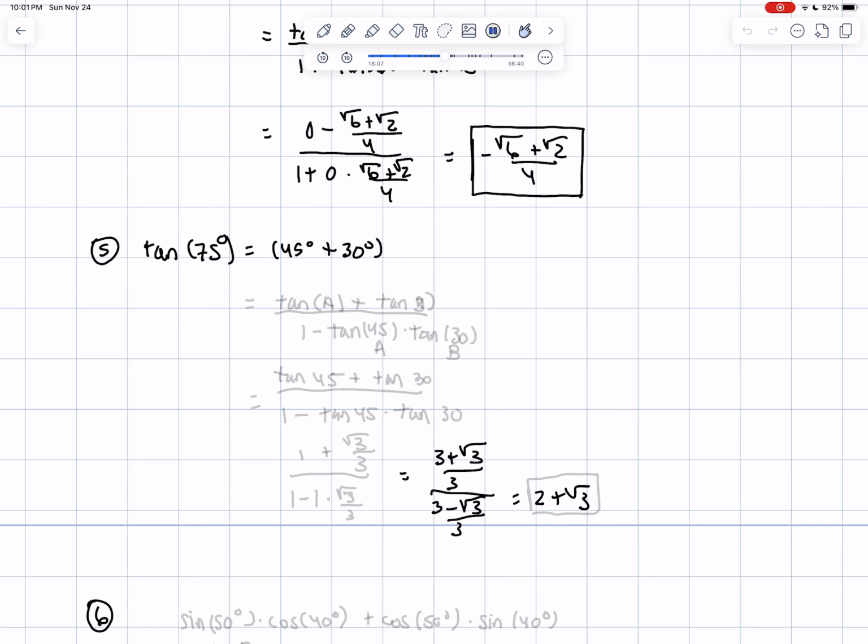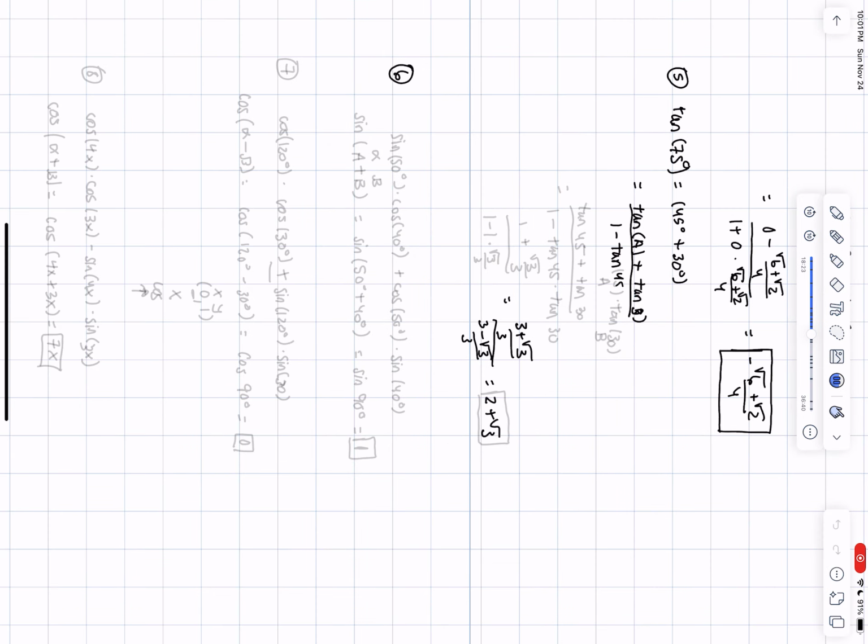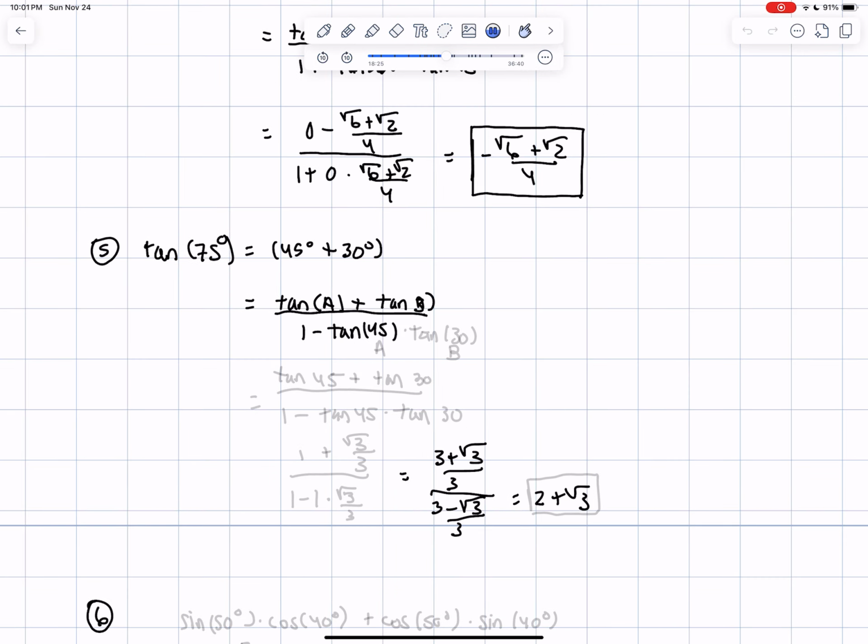So if it's positive, then I would write it like this. The tangent of A plus the tangent of B over 1 minus the tangent of 45 times the tangent of 30. Then you would calculate it like we just did in the previous one as well.